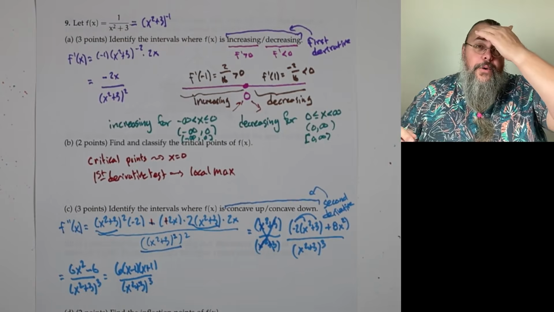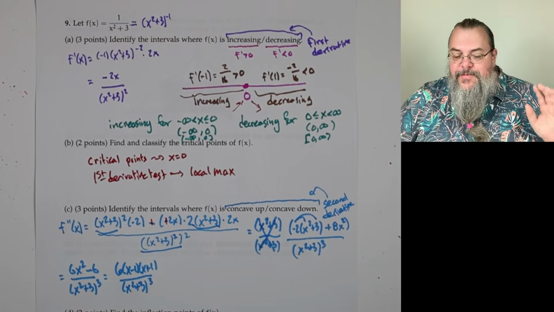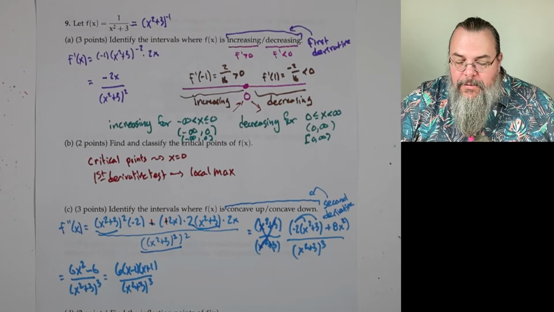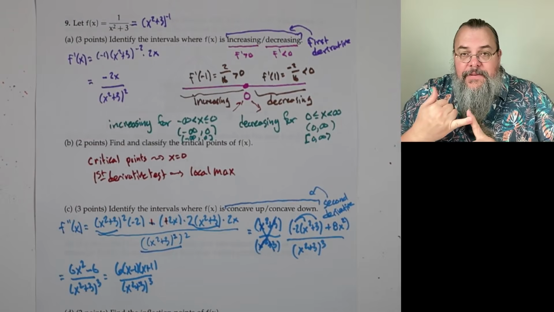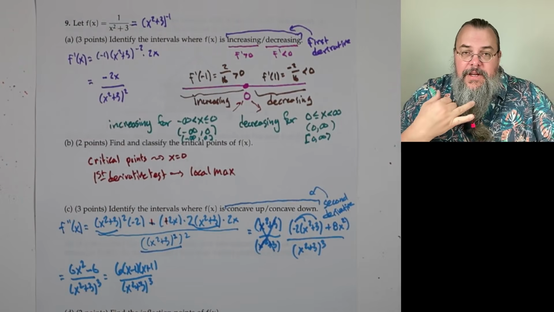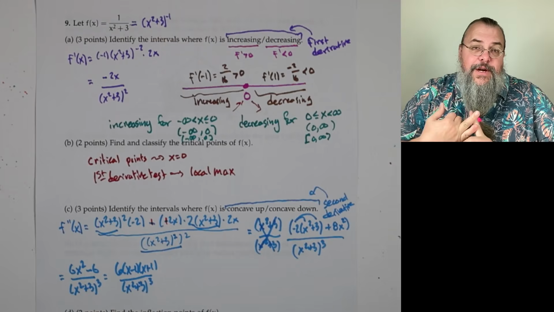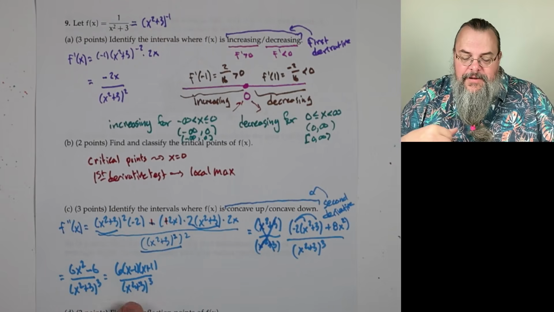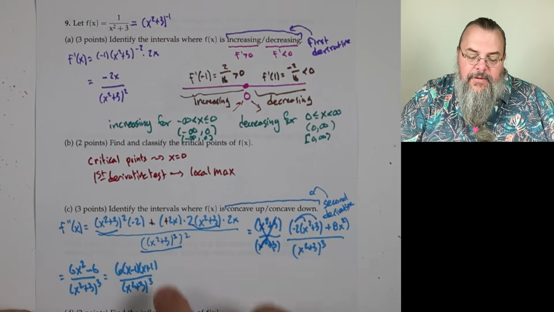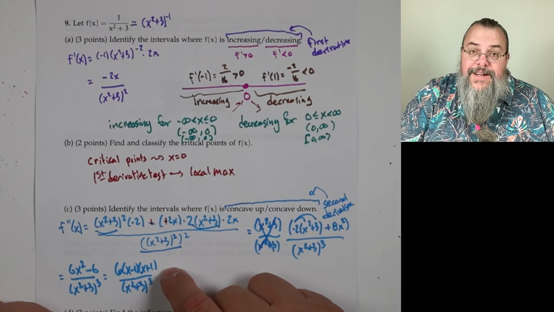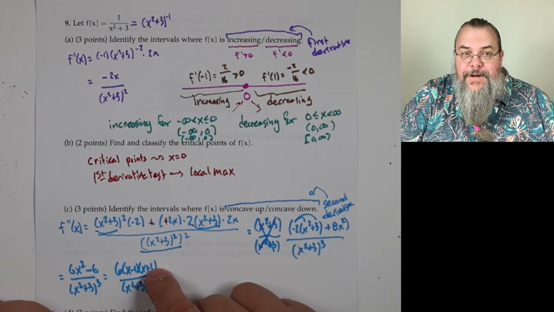Whew. Now, what are we looking for? Well, we're doing the same thing we did in part A, which says, is it ever undefined? Is it ever 0? It's never undefined because we don't divide by 0. Same idea, right? The denominator is not going to be an issue. It is 0 if the numerator is 0, which happens at 1 and negative 1.